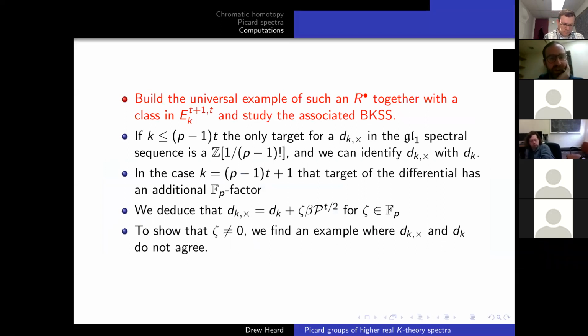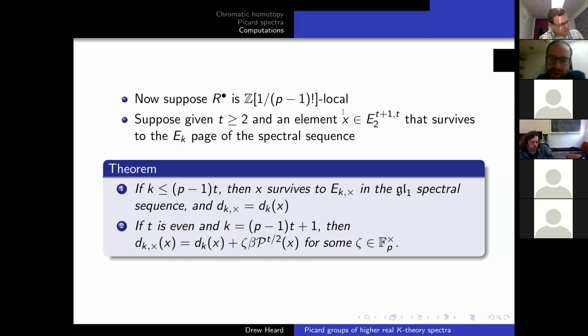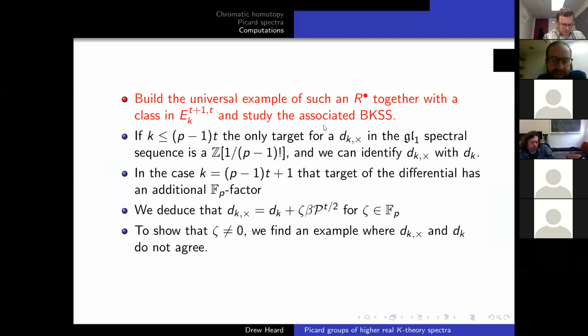Yeah, so we construct the universal example of such a cosimplicial ring together with a class in this degree here, and study the two Bousfield-Kan spectral sequences, so the ordinary one and the GL1 one. And by an argument that's in the first paper, because it's universal, it's enough to study what happens in this spectral sequence itself.